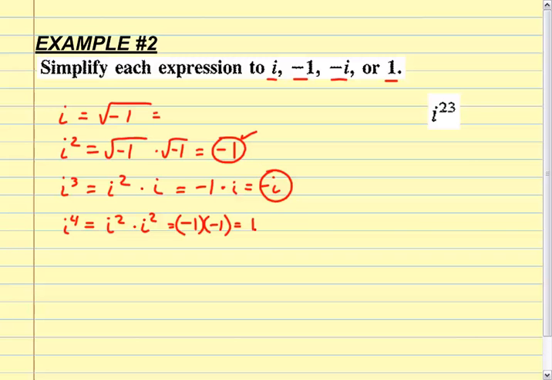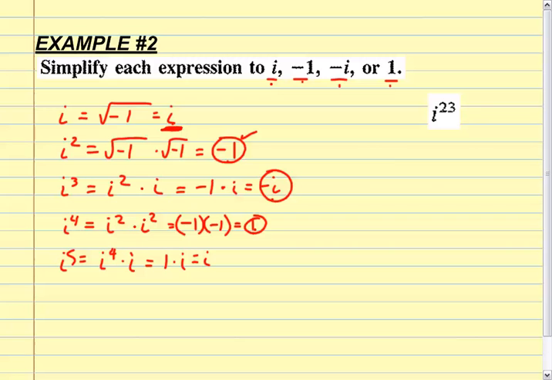All right, and remember, i is i. So i is equal to i, i squared is negative 1, i cubed is negative i, and i to the 4th is 1, just like all the choices they gave us up here. Well, think about this. i to the 5th is equal to i to the 4th times i. Well, i to the 4th is 1 times i. Well, that's just i.